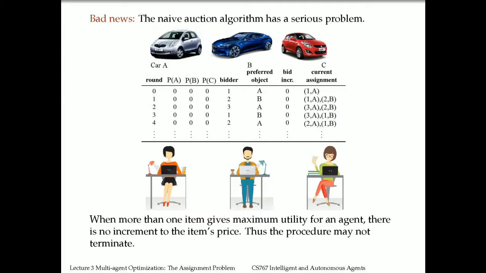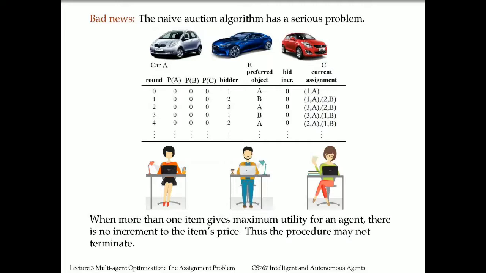And if you run this algorithm, you will see that the price increment delta after a while gets 0. And when delta is 0, you do not increment the price, and the auction basically gets stuck there, right?